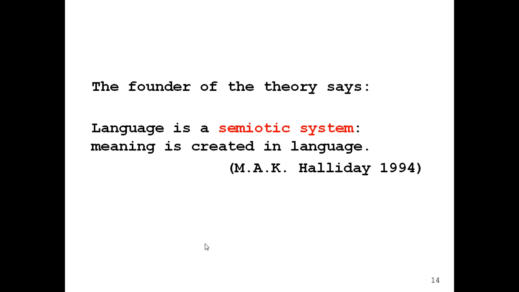So Halliday sees language as a social semiotic, as a system of signs that expresses society. So there's an inextricable relationship between society and language, just as there is an inextricable relation between context and language.